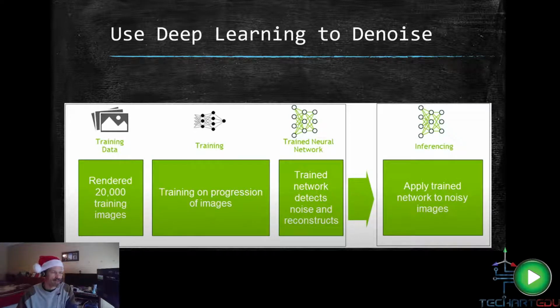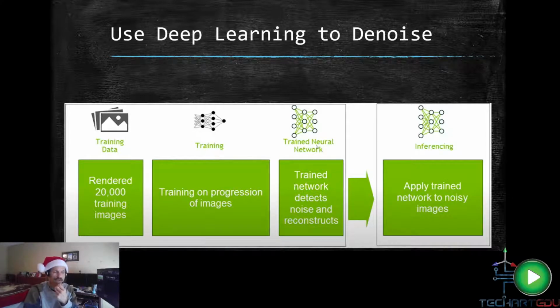Okay, so if you know anything about neural networks or about AI, well, I guess we'll talk about that too. But really, in a nutshell, it starts with you taking a whole bunch of rendered images that are supposed to look like what the objects are supposed to look like. It goes there and creates the neural network.